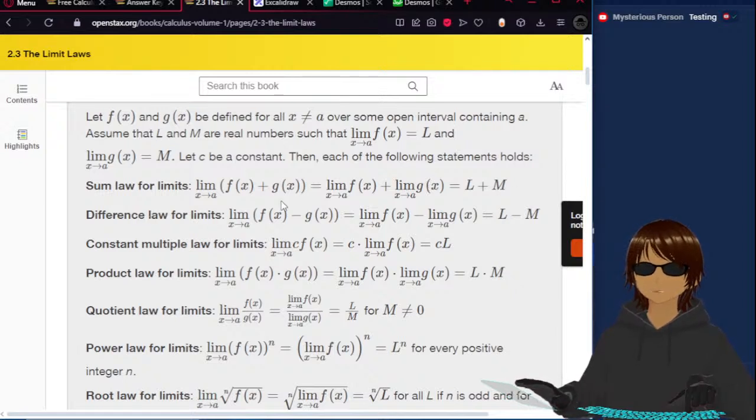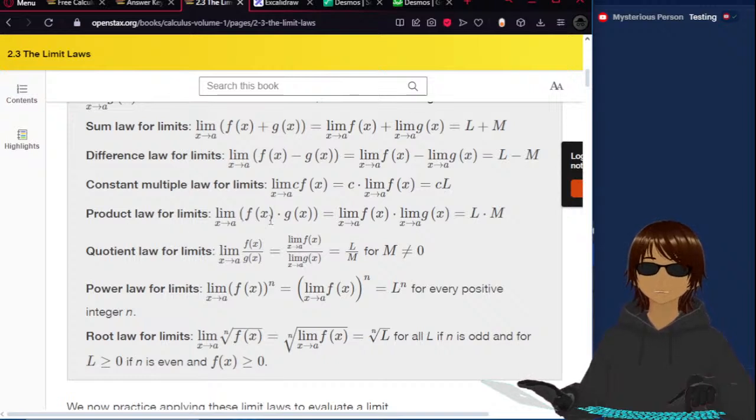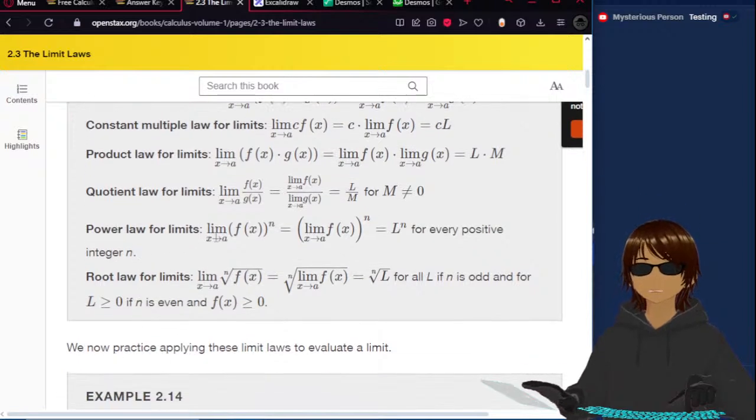Different laws: it's like the sum law but for the differences. Constant multiple law, you can take the constant out. Product law, you can multiply the limits separately. Quotient law, you can take the limits separately. Power law, for every positive integer n, and then root laws.